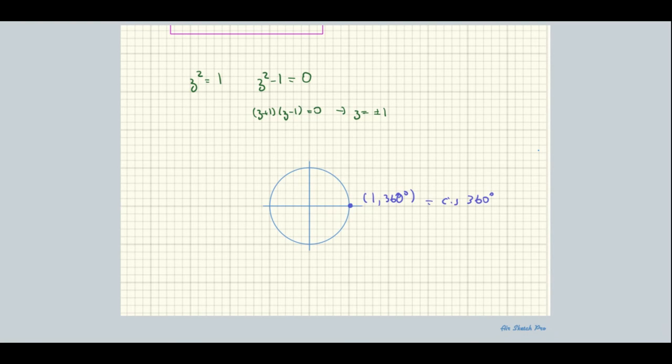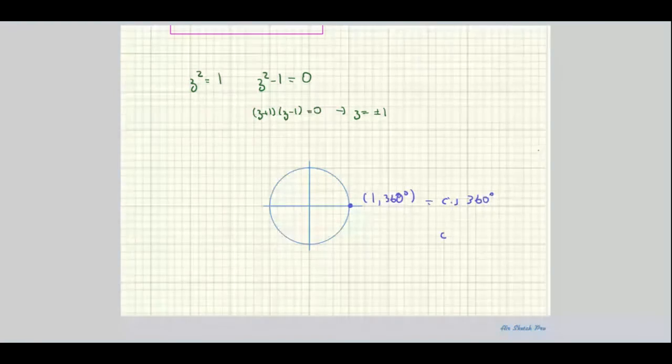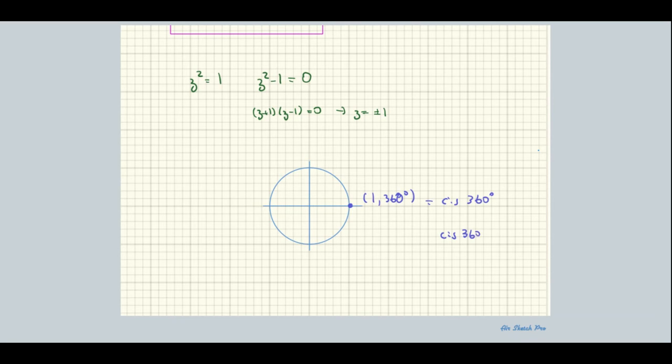Now, if I take this to the 1/2 power, then I'm going to be here, aren't I? At cis 180. 180 degrees, or cis 180.